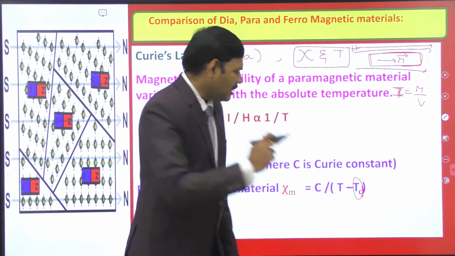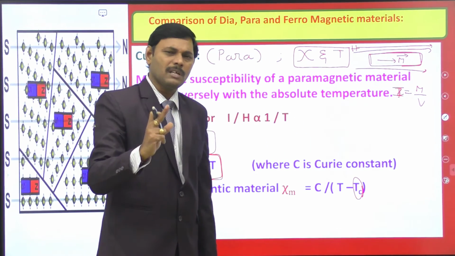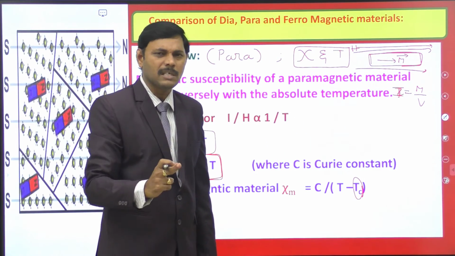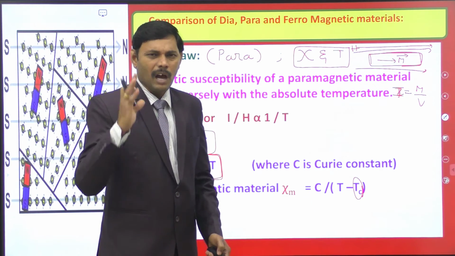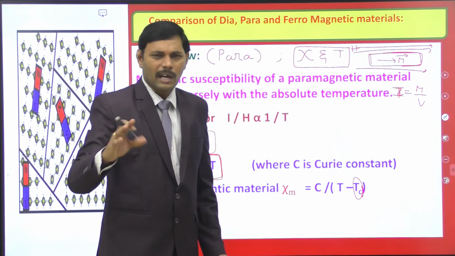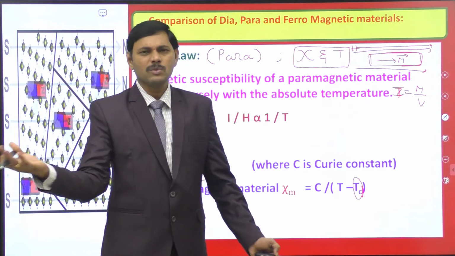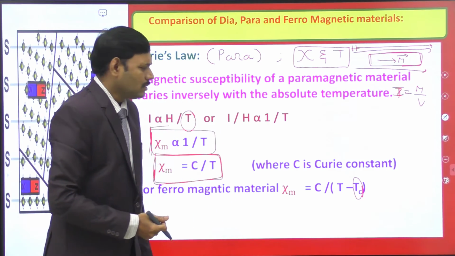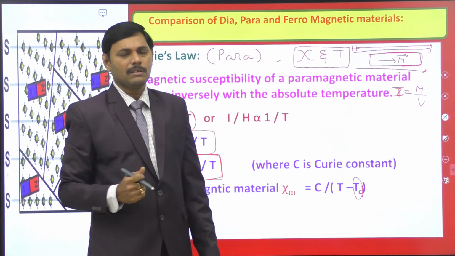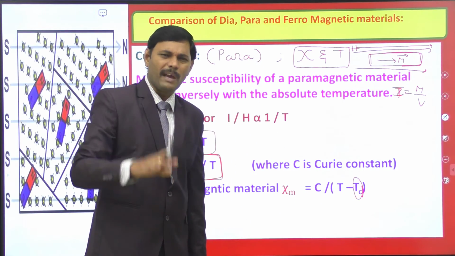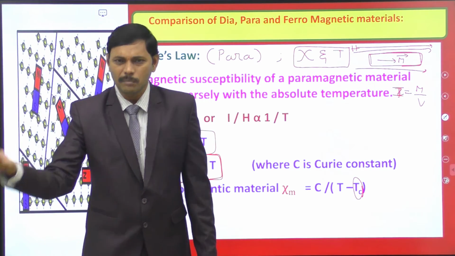At a particular temperature, known as the critical temperature Tc, the domain structure of the ferromagnetic material gets destroyed and it transfers to a paramagnetic material.